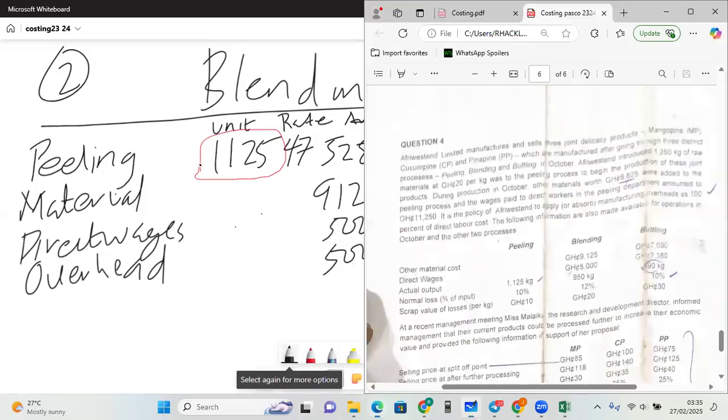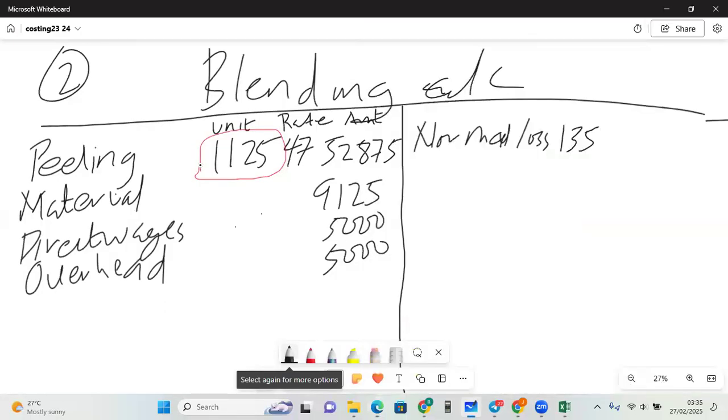And then they are telling us that it will be sold at 20. So 2700.